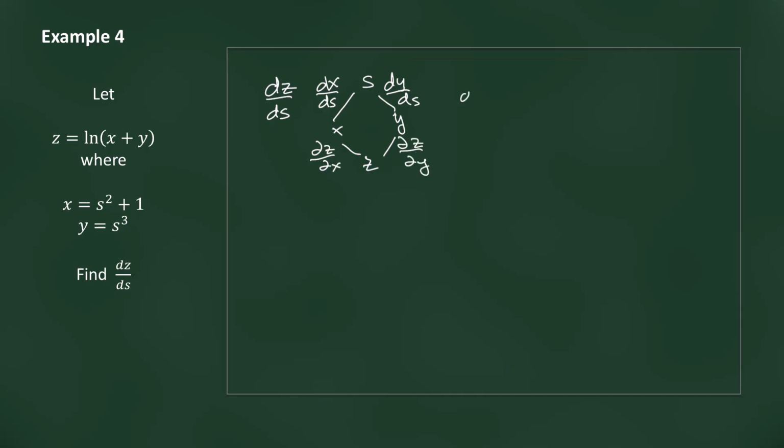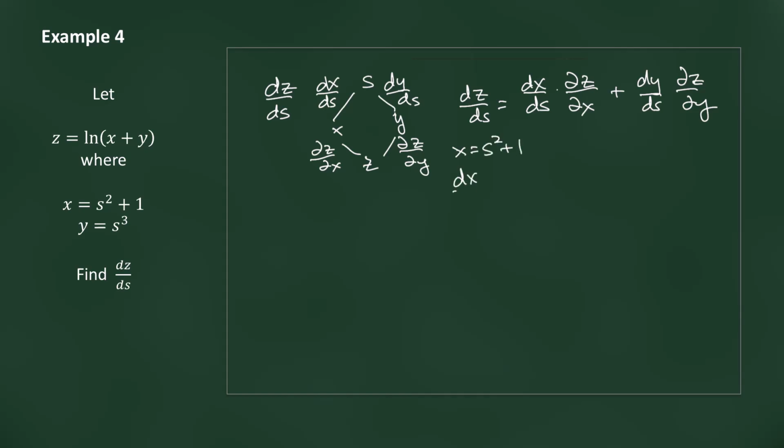So dz ds is going to be multiplying. We'll get dx ds times the partial of z with respect to x plus dy ds times the partial of z with respect to y. So let's figure out all the pieces we need. Since x is equal to s squared plus 1, dx ds is just 2s.